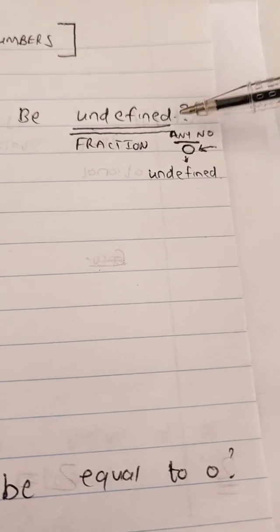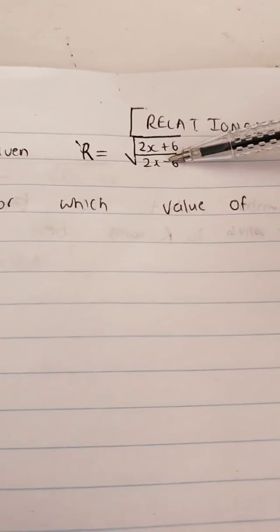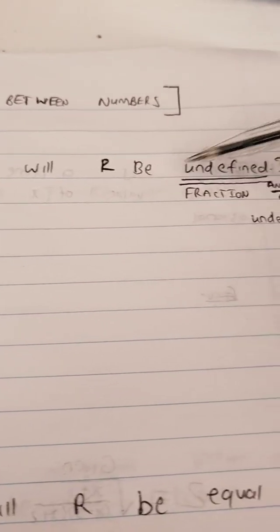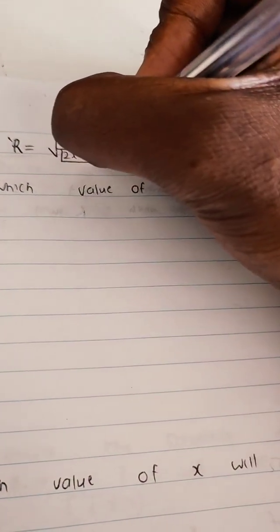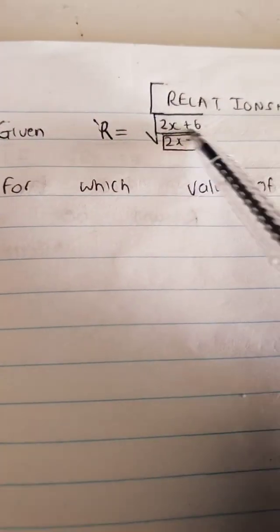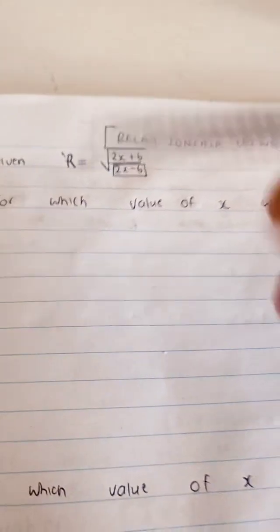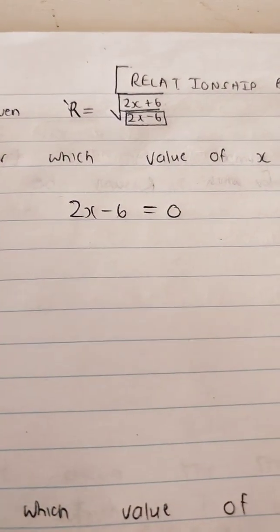So for which value of x will r be undefined, we are going to put our attention on the 2x minus 6 in the denominator. We are going to take that 2x minus 6 and say it is equal to 0.